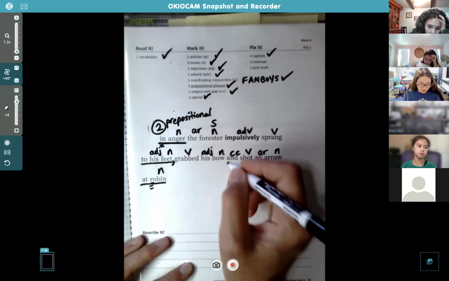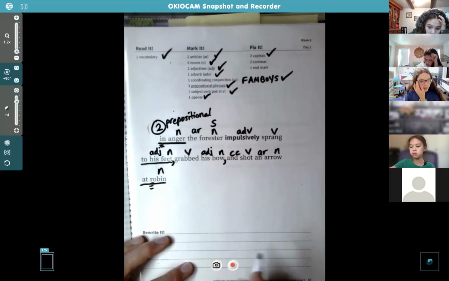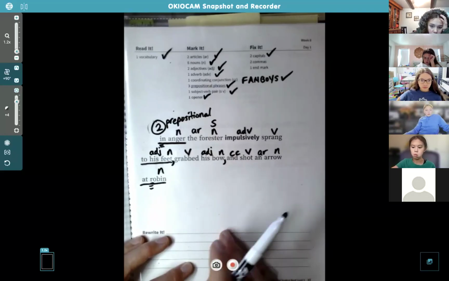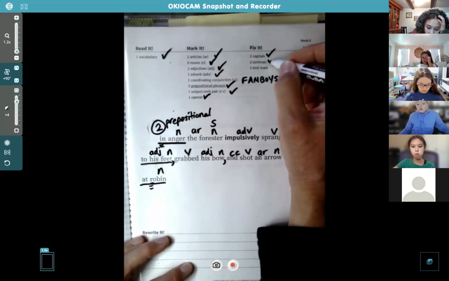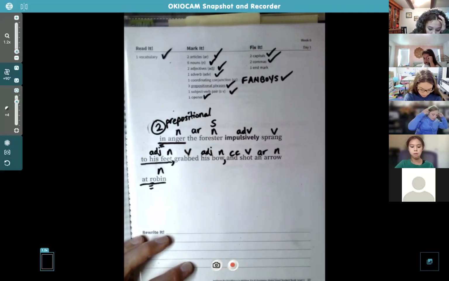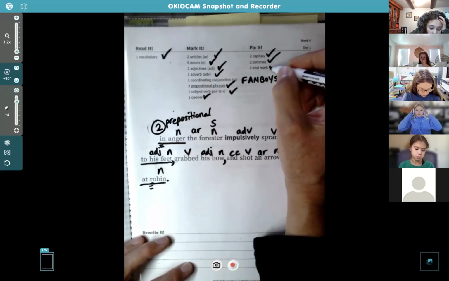Grabbed his bow. Yes, good. So basically, it's listing 3 things he did, right? Sprang to his feet, comma, grabbed his bow, comma, and shot an arrow. That's exactly right. So remember, when you have 3 or more parts of speech that you're listing, you need commas, and then the end mark is just a period.